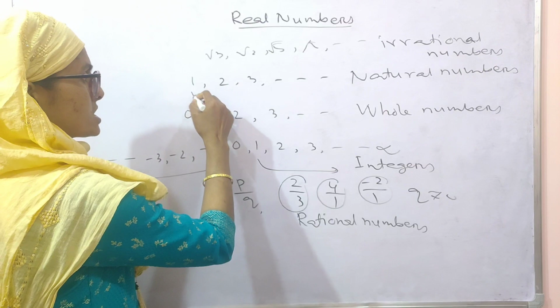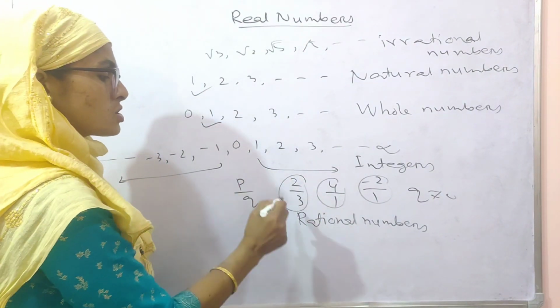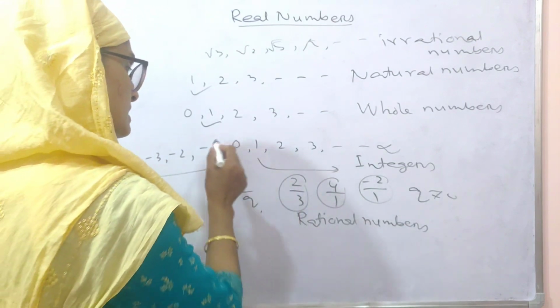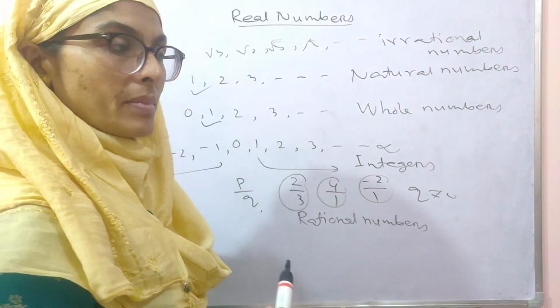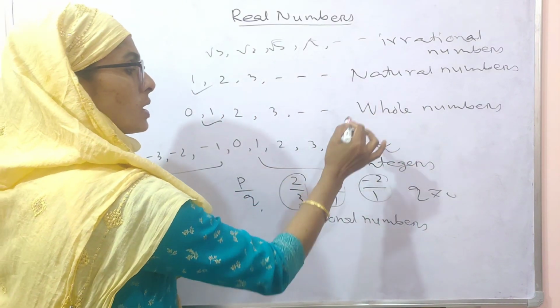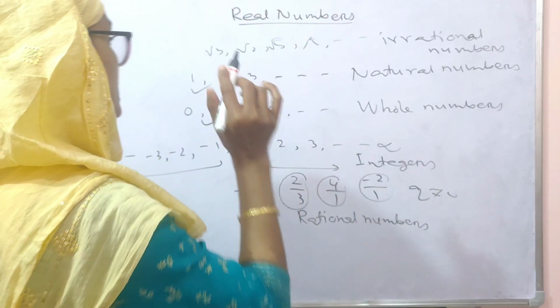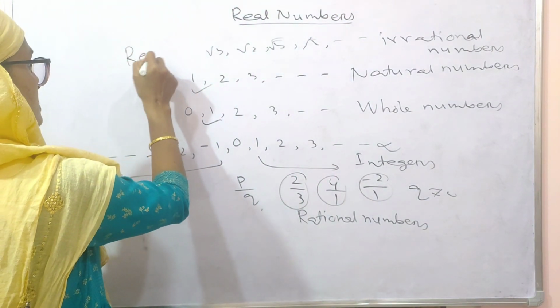So, a natural number is also a rational number. A whole number is also a rational number. Integers are also rational numbers. So, all numbers, natural, whole, integers, rational, irrational, all together are called real numbers.